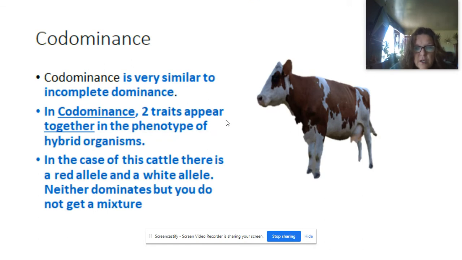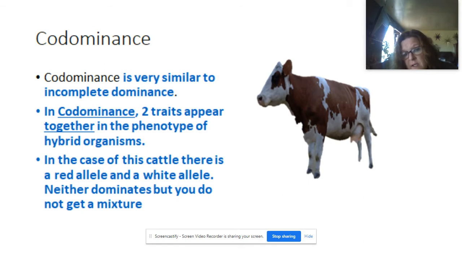So let's contrast that to codominance. It's very similar to incomplete dominance, but the difference is in codominance, the two traits appear together in the phenotype of the hybrid organisms. So in the case of this cattle, there's also a red and a white allele. Neither dominates, but you do not get a mixture.